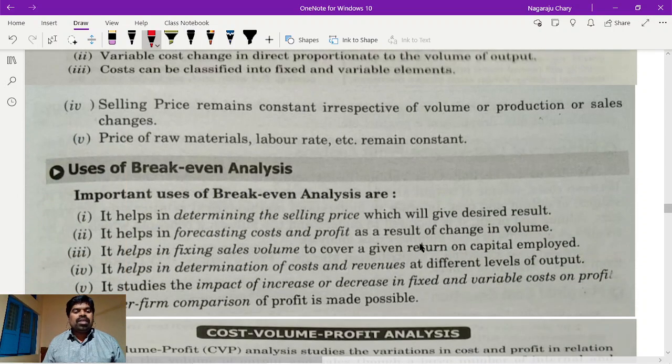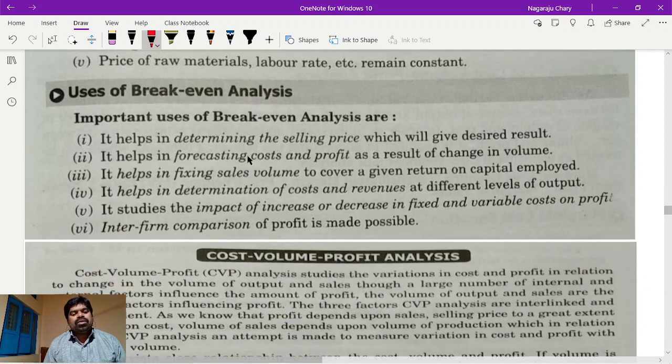And one more: selling price remains constant irrespective of the volume of production or sales. The price of raw materials and labor rate also remain constant while analyzing this break-even point.